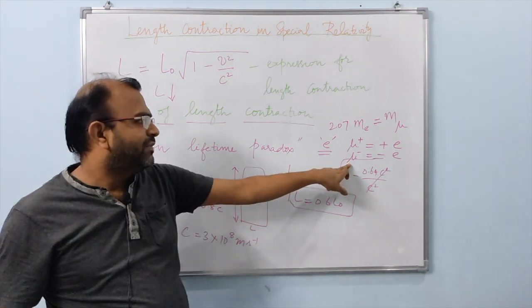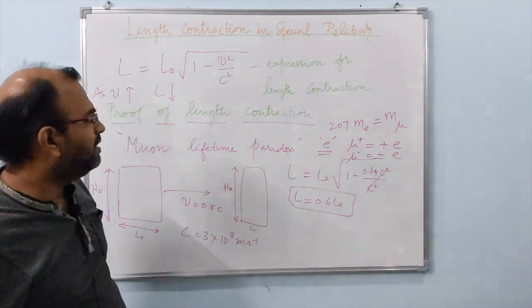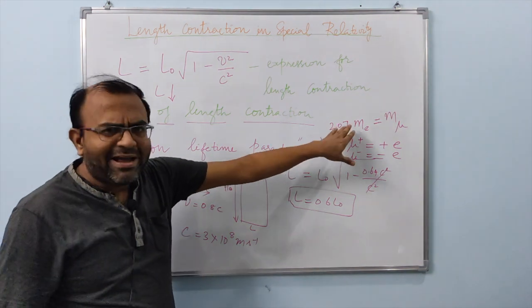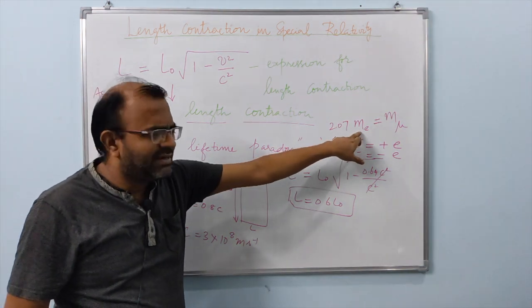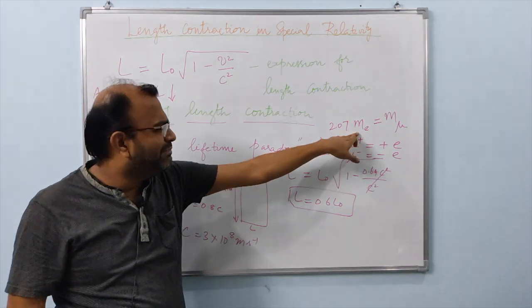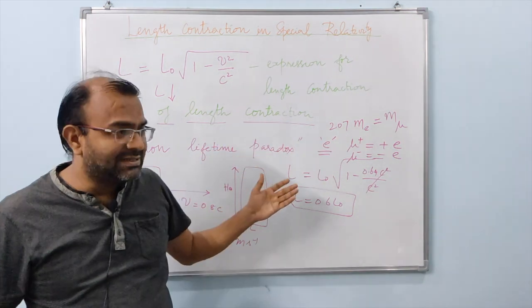The symbol for muon is mu. It's not a very massive particle, it's 207 times the mass of the electron, but its mass is less compared to, for example, a proton or neutron. These are unstable particles and they decay.